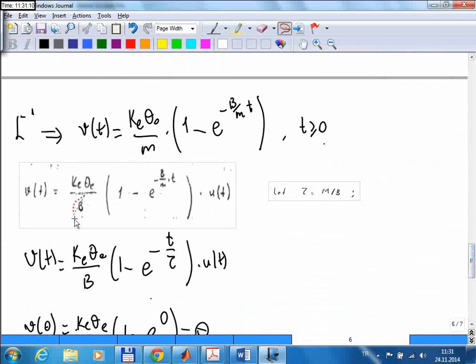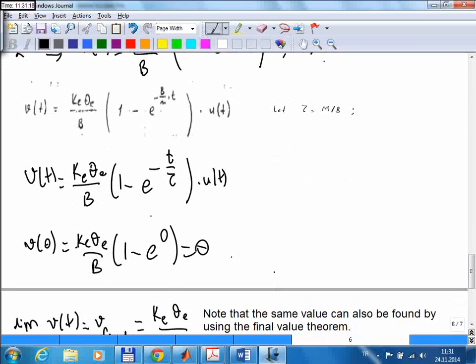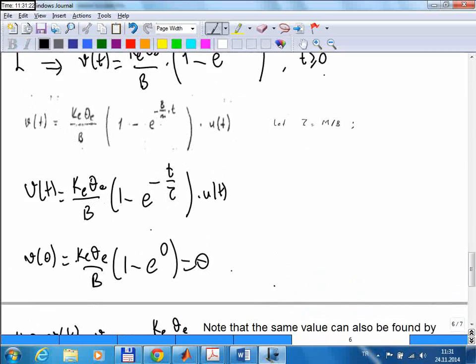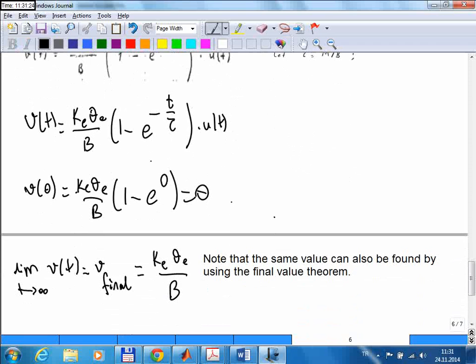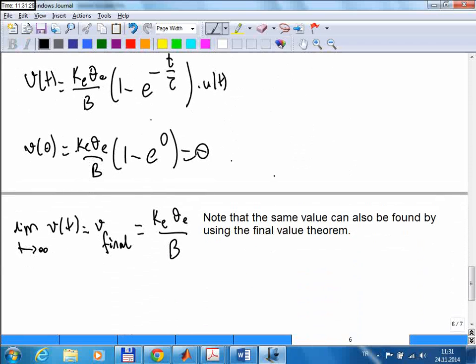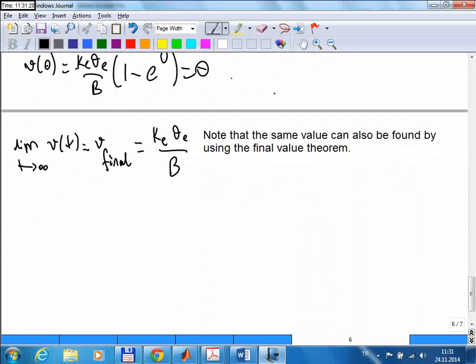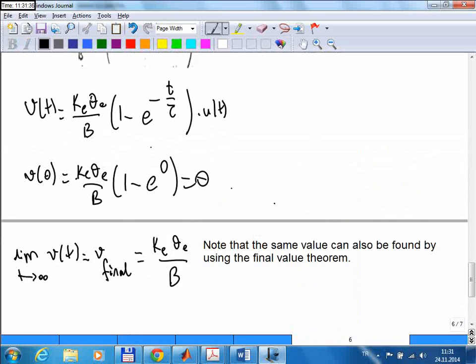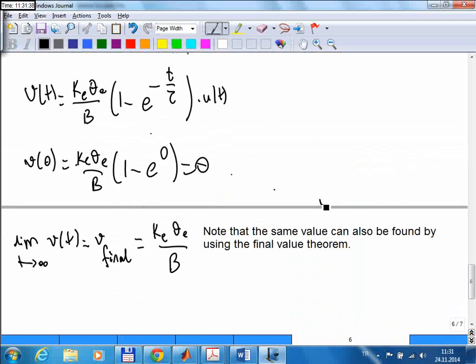So that's good. This should be a B and not an M. So let me just fix that. Okay. Now it's good. Okay, so I know what happens at first.